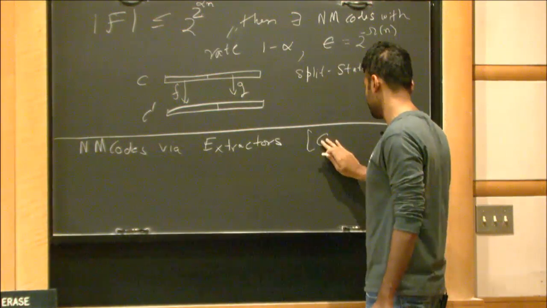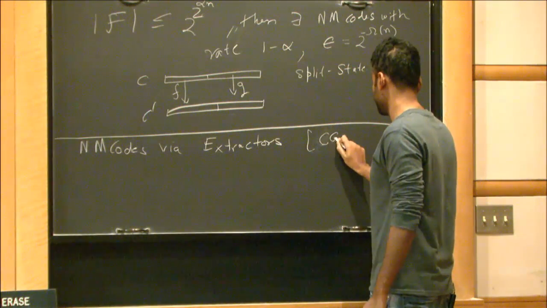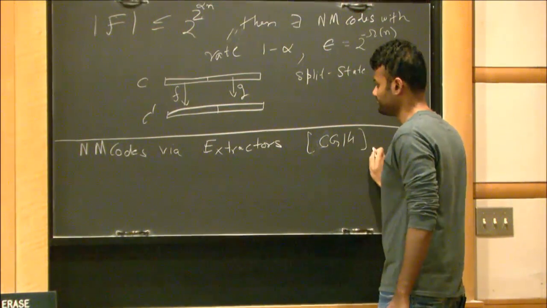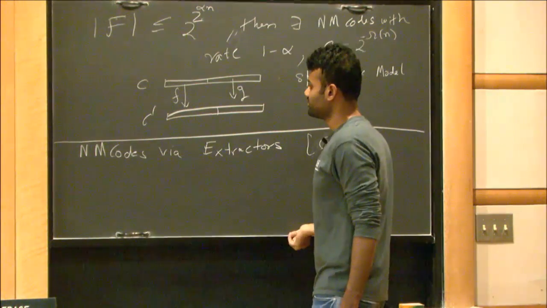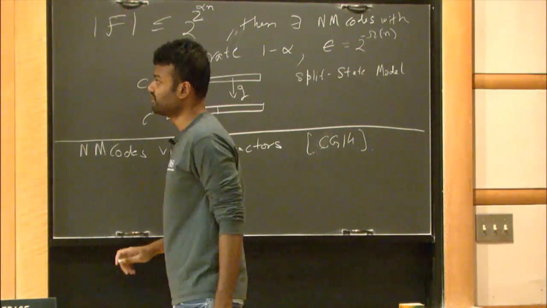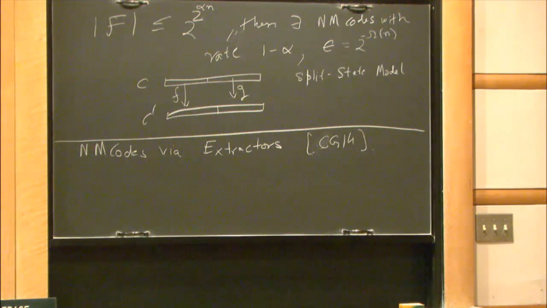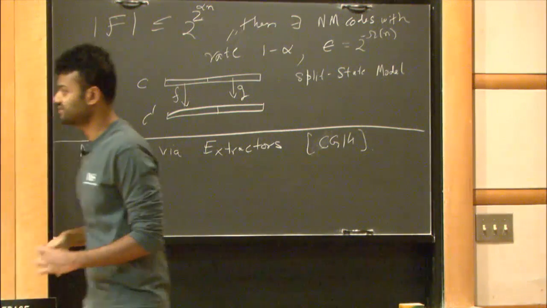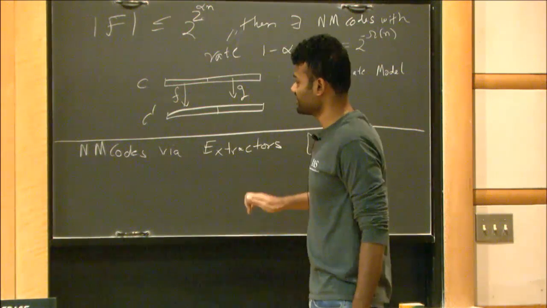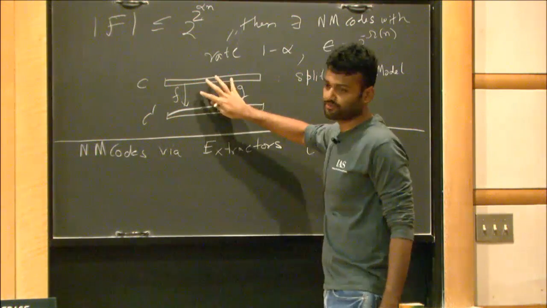Again, this is Cheraghchi and Guruswami. They roughly show that if you have, for example, a two-source seedless non-malleable extractor like this, then it gives you codes in the split state model.